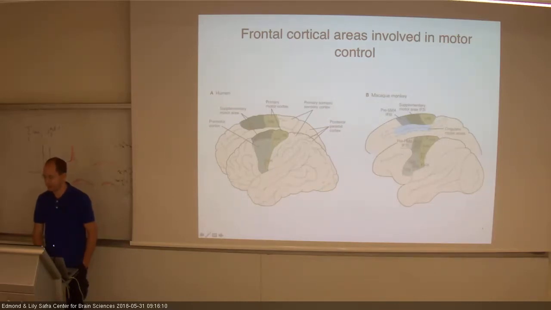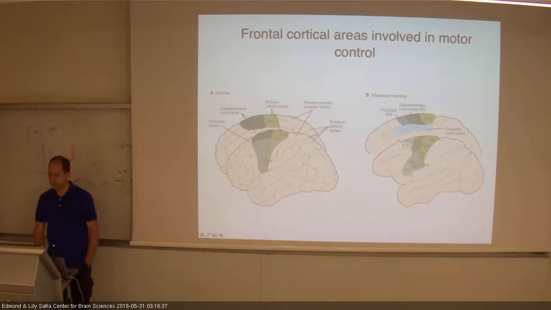The premotor cortex is divided in monkeys into two: the dorsal part and the ventral part, which have perhaps slightly different roles. And then there are even higher order areas, F5 and the pre-PMD, and you see the supplementary motor area here. So this is a really general organization.